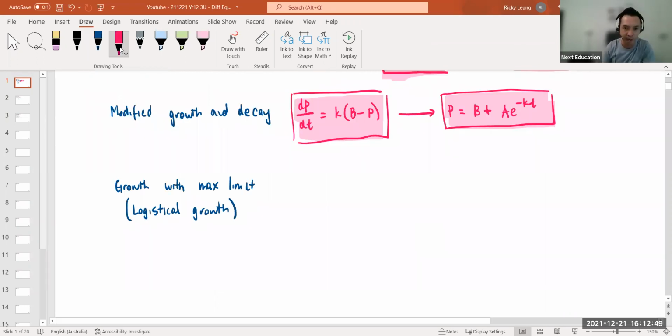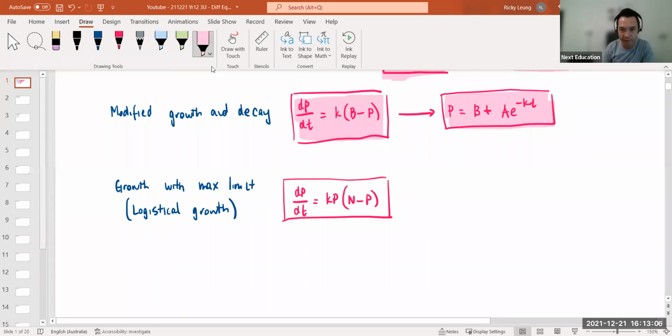If I said to you, dP/dt follows a formula like kP times something, it's almost like a combination of the two above. It's actually like a quadratic equation there.